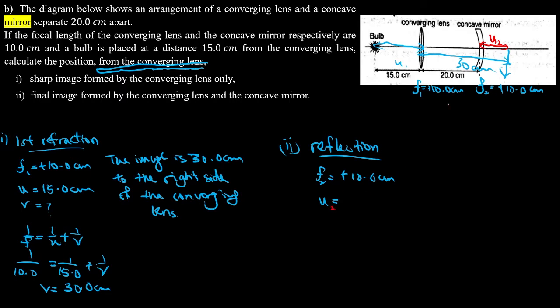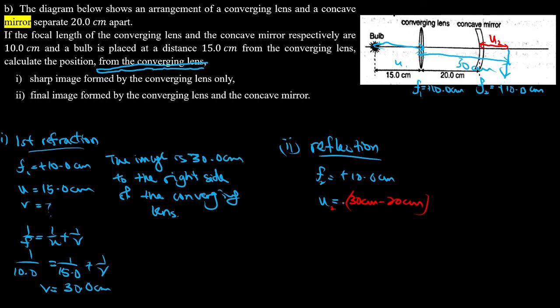How to determine your u2? Your u2 is 30 cm minus 20 cm. But is it real or virtual? Look at this one. It is located to the right side of your concave mirror, so it's actually a virtual object.